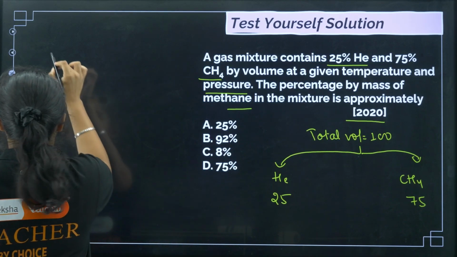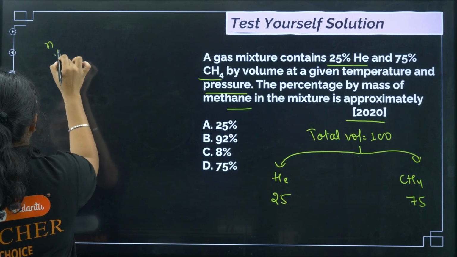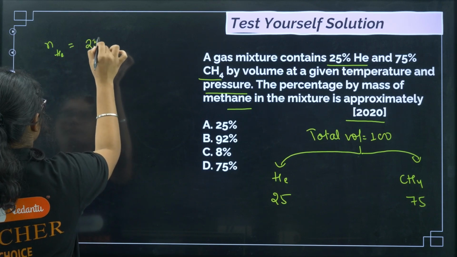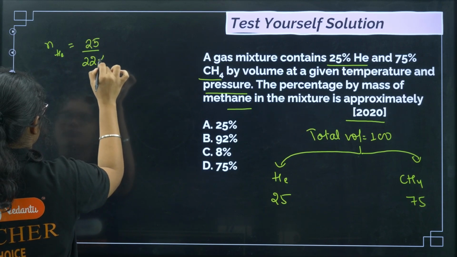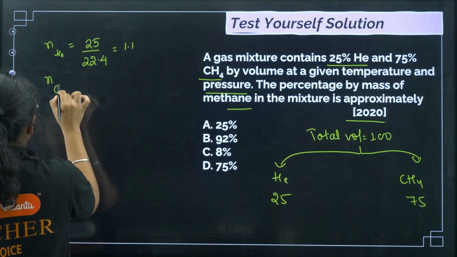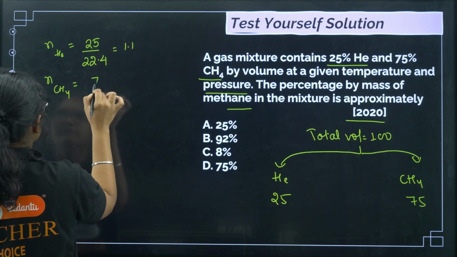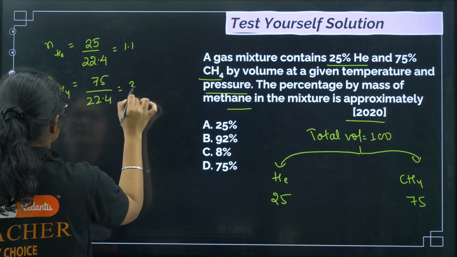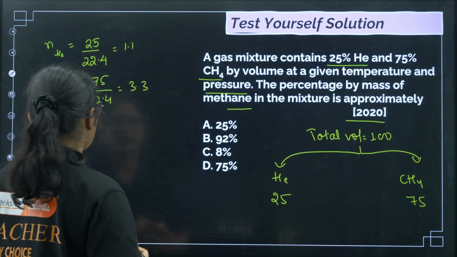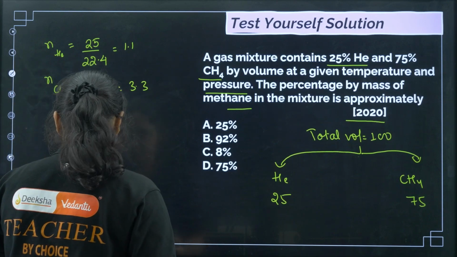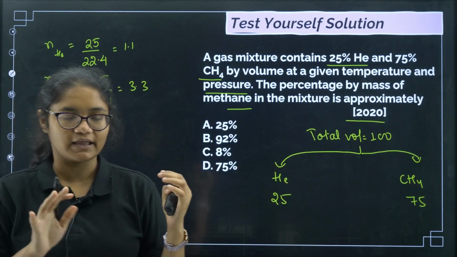Number of moles of helium will be equal to 25 by 22.4, that is equal to 1.1. Next, number of moles of methane will be equal to 75 by 22.4, and that is 3.3. Now the number of moles of helium and methane are already calculated.